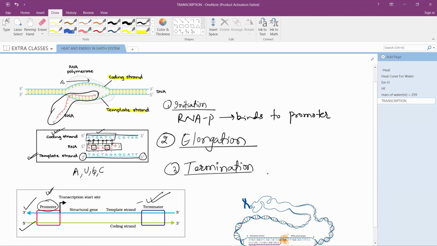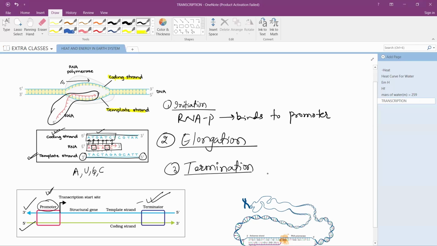Because prokaryotes do not have a well-defined nucleus. Do they occur simultaneously in prokaryotes or eukaryotes? In prokaryotes, because prokaryotes do not have a well-defined nucleus.